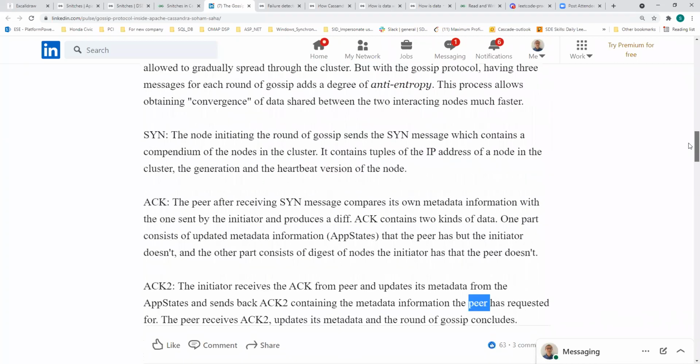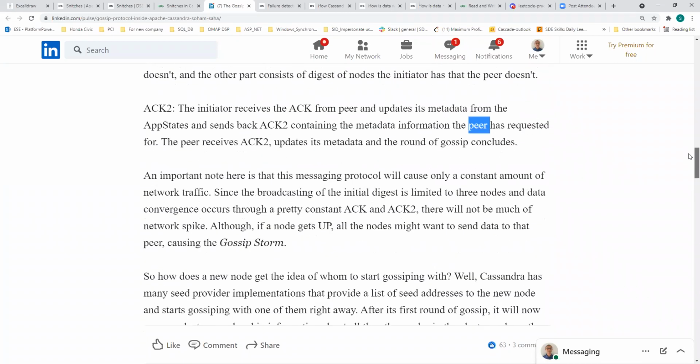Yeah, but they have a seed node. What do they talk about? Seed node is there, for bootstrapping of a new node which is coming up. So whenever a new node comes up initially, he says he's broadcasting for the initial digest. So that is what happens.